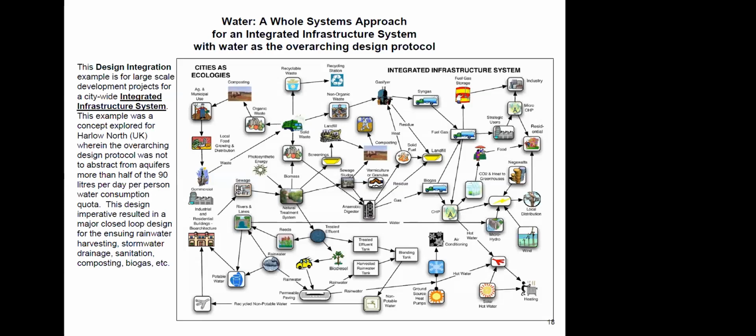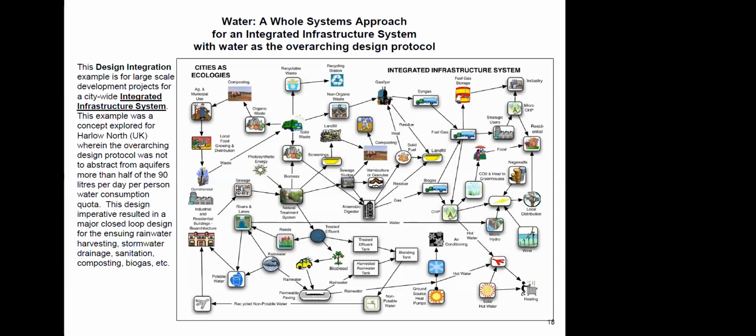The developer only had one overarching design protocol. They worked out that you could not extract more than the 90 liters per person per day requirement from the aquifers without eroding those aquifers. They worked out that they could only extract about 45 liters per person per day equivalent. So the whole design was then based on where does the other 45 liters come from?